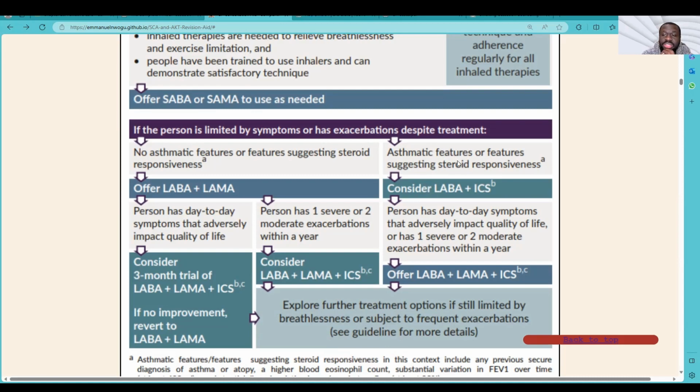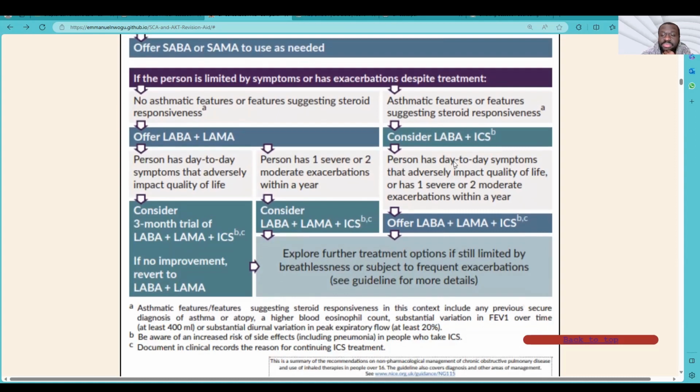So the patient was asthmatic and has developed COPD, so you'll be thinking, okay, fine, LABA plus inhaled corticosteroid. So the steroid part usually helps with the asthma. If the person has day-to-day symptoms that adversely impact quality of life, has one severe or two moderate exacerbations within a year, offer LABA plus LAMA plus inhaled corticosteroid.